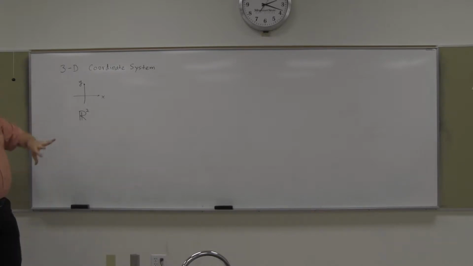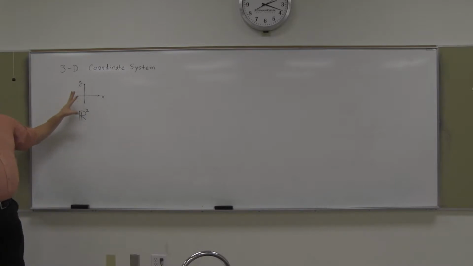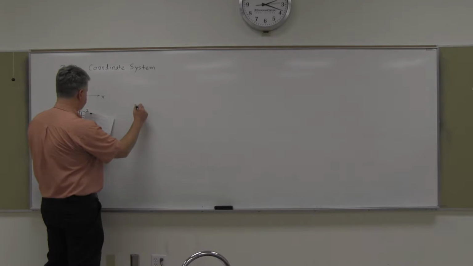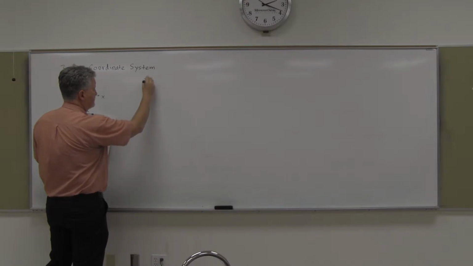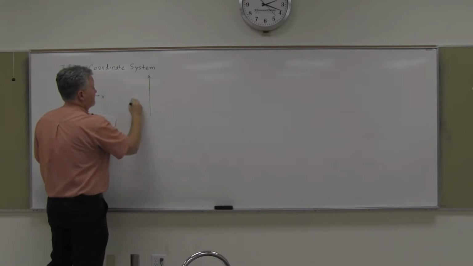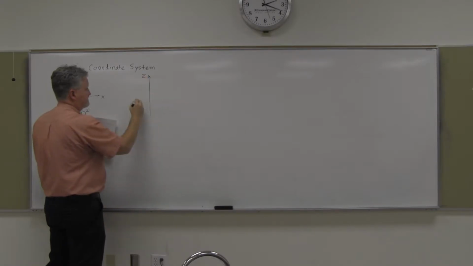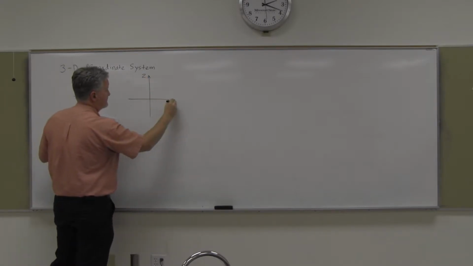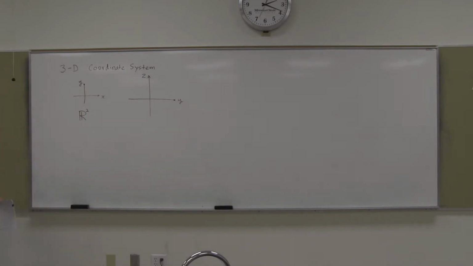When we go to the three-dimensional, like I was saying, instead of drawing x and y axis here, what we typically do is we'll call the up and down our z axis, our third axis. Then we put the y axis, kind of where the x axis normally is.